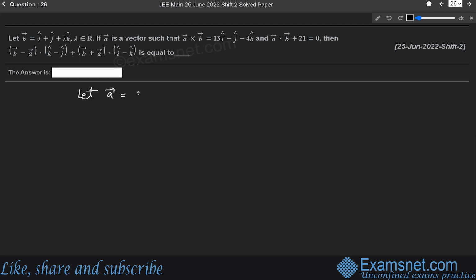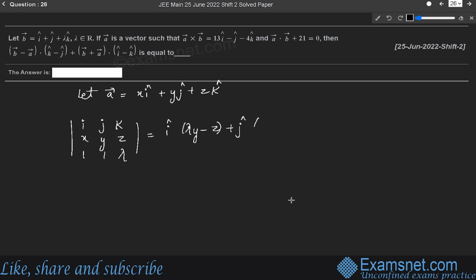Let A vector be equal to xi plus yj plus zk. So the determinant will be i, j, k; x, y, z; 1, 1, lambda, which will be equal to i cap into (lambda y minus z) plus j cap into (z minus lambda x) plus k cap into (x minus y).